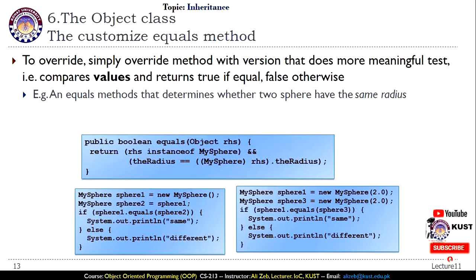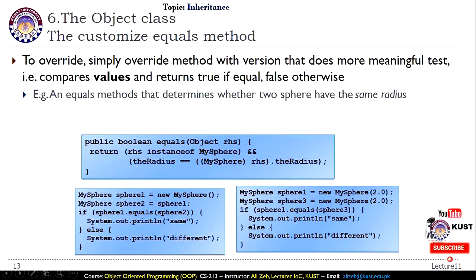If we want to ensure that this object, the superclass's object, is an object of the subclass, in this case MySphere, we can use the instanceof keyword, which checks if this object, rhs, is an object of the MySphere class.